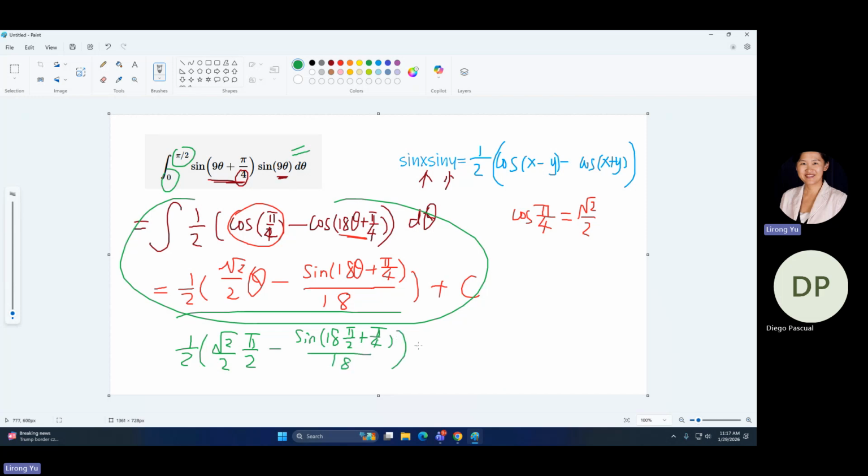That's the upper limit value. The lower limit is 1/2, root 2 over 2 times 0, minus sine of 0 plus pi over 4. So sine pi over 4 over 18. So that's the lower limit value. And the rest you will use your calculator.